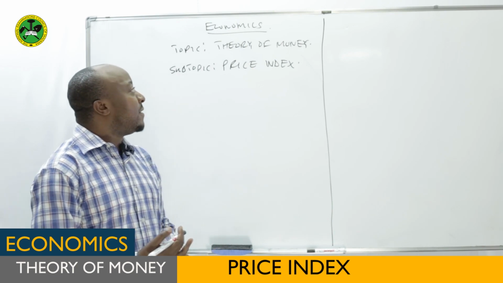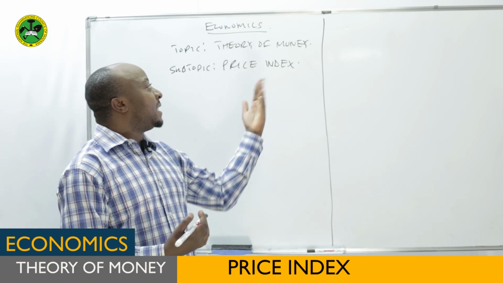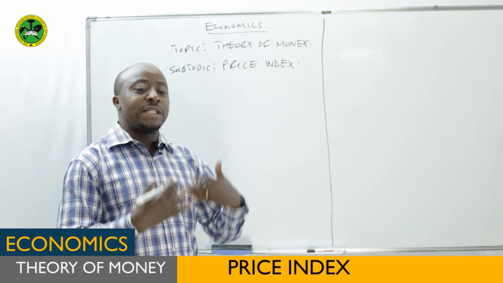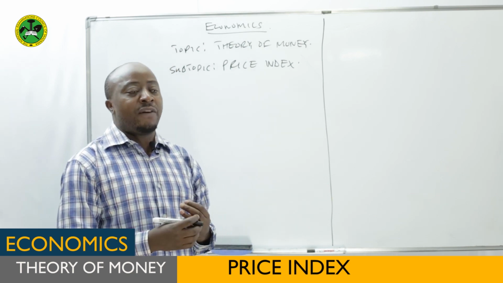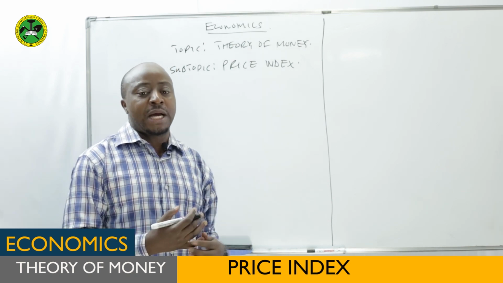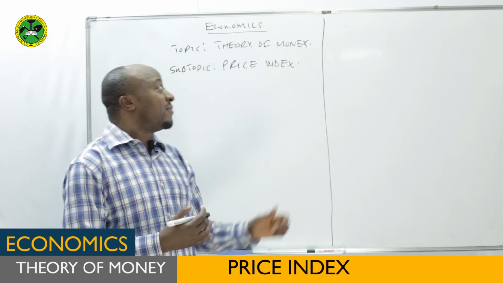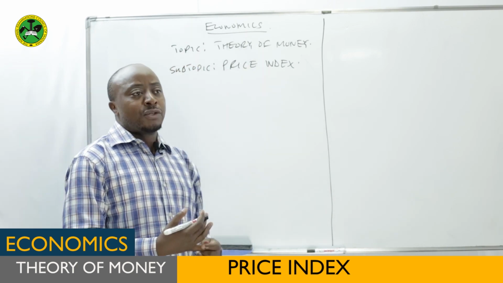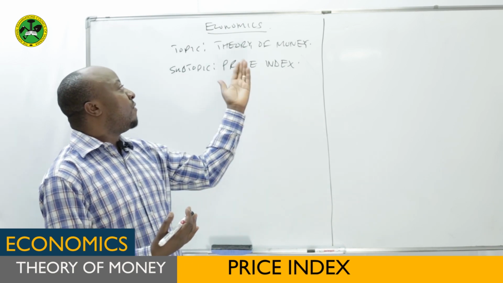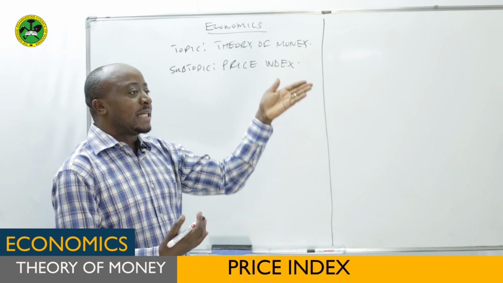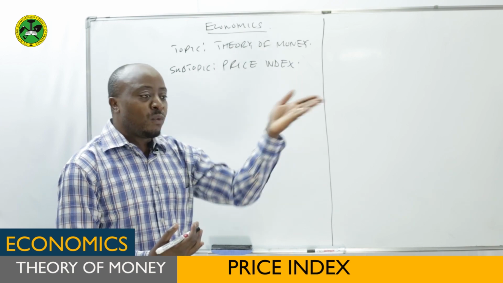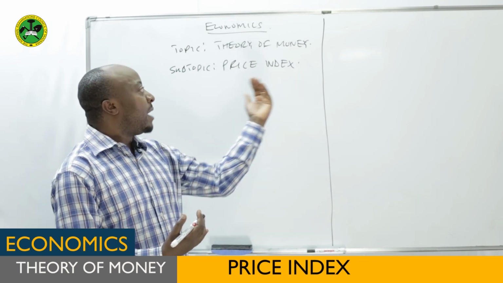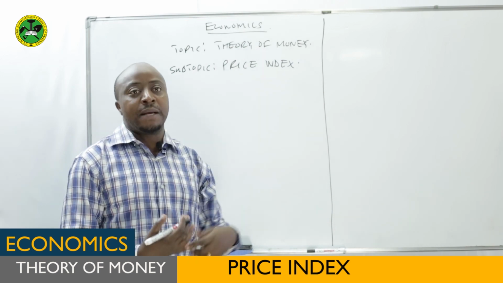For that case, again, we say money is the one which is influencing price in the market. We can find prices are changing from time to time, but one of the factors which is influencing the changing of those prices is money. So you can find that theory of money is directly related to prices of goods and services in the market, because we buy goods and services by using money.